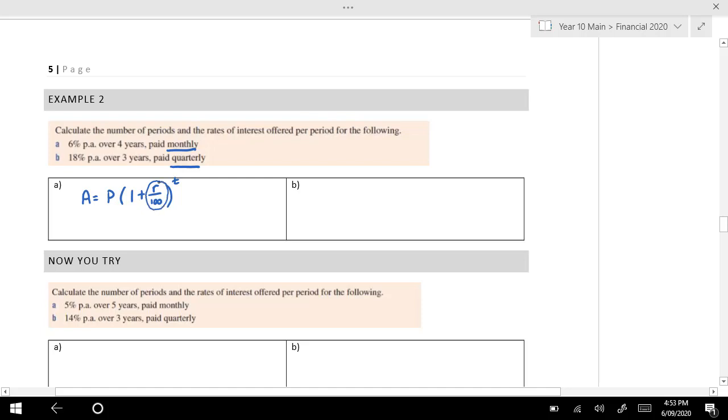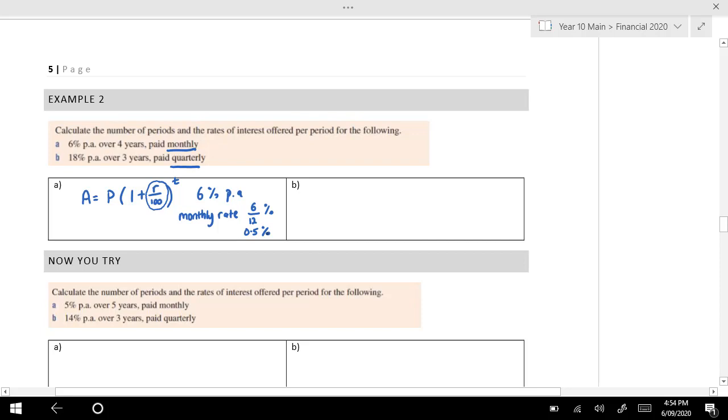At the moment, we're getting 6% per annum, per year. Well, what is the monthly rate? We're going to work out what the monthly rate is. Well, it's not 6%, it's 6 divided by 12%, which is 0.5%.